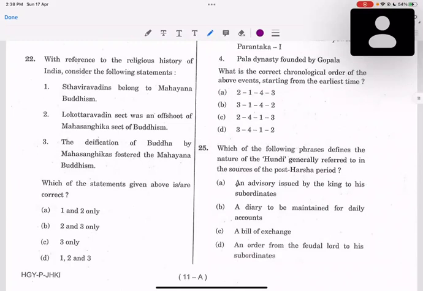Now see, basically it's talking about Buddhism, which is divided into Hinayana and Mahayana, and also Theravada. Further, it asks about the subsects it is divided into. So it's a simple question. It's the favorite topic of UPSC, Buddhism and Jainism. Questions have been asked on this. All right. So let's have a look at these options.